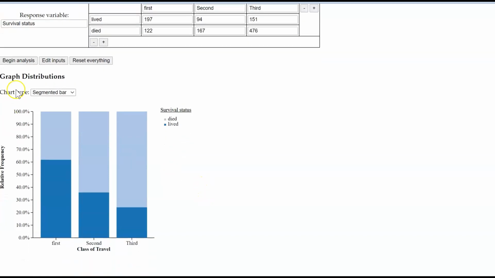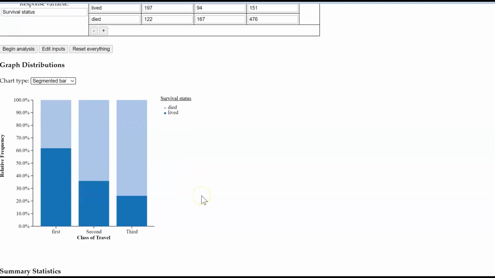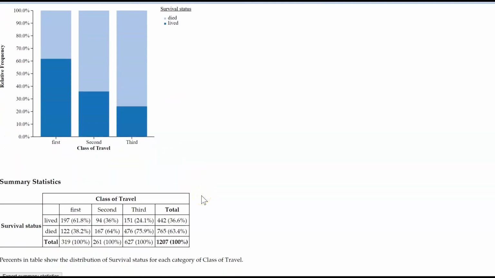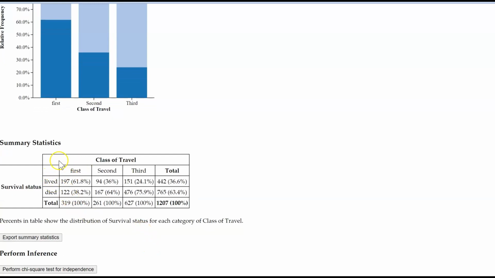And I have it set to a segmented bar graph, but you could have had it set to a side-by-side bar graph. Okay, so that's the side-by-side, but we really want segmented bar graph. And if you scroll down, you actually have the conditional distribution by class.